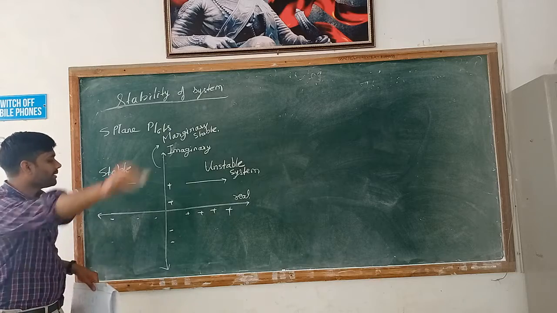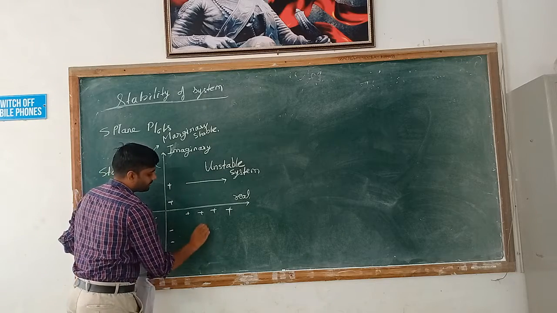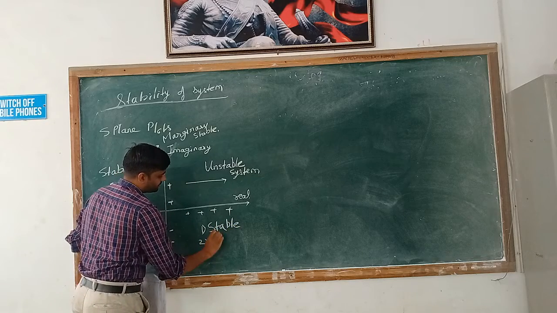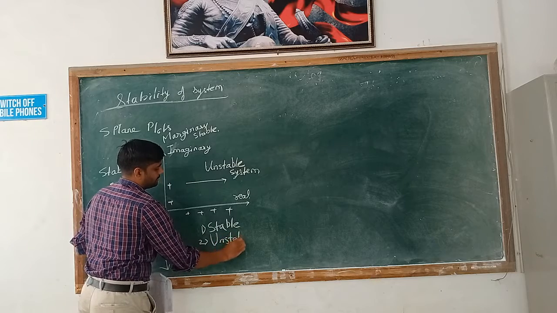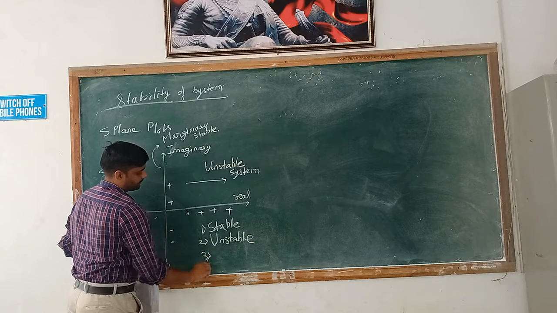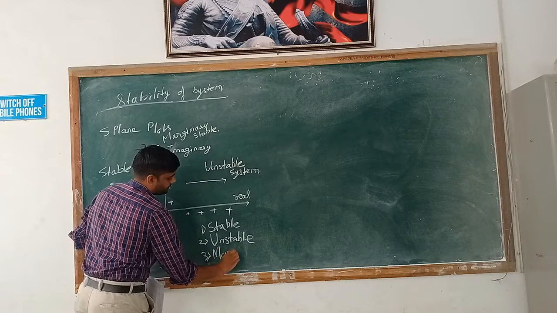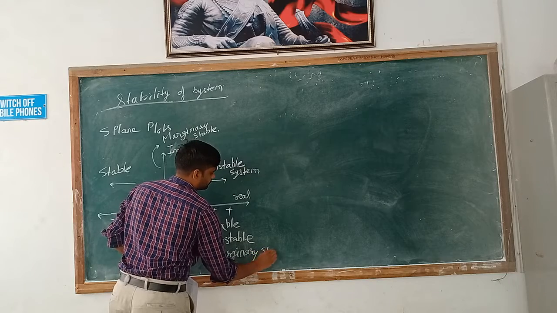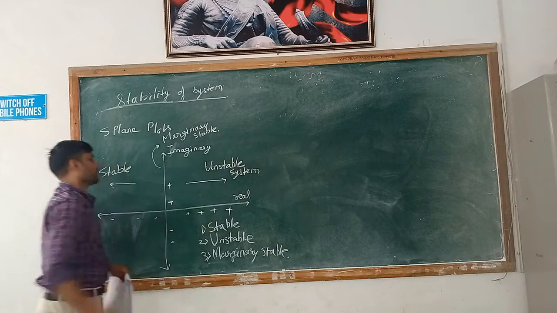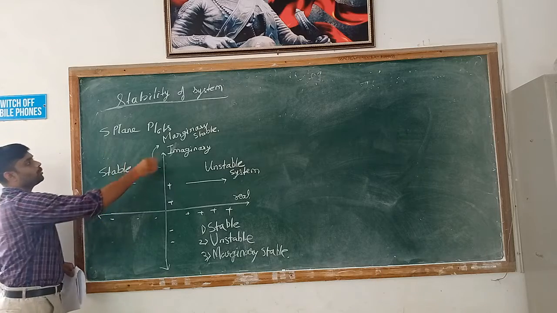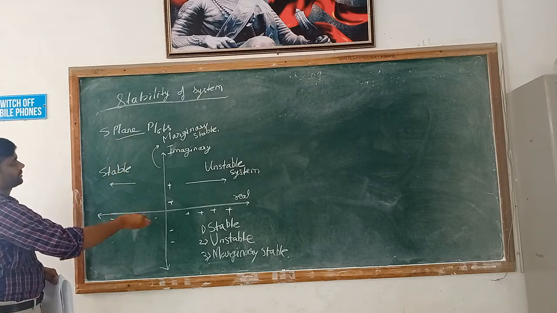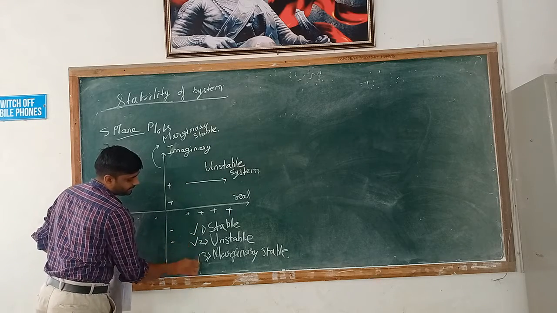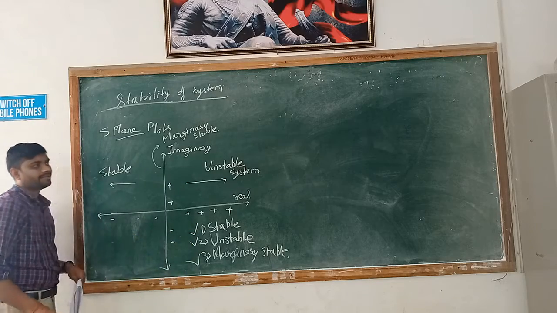So basically we have three types of system. First one is stable, another one is unstable, and the third one is marginally stable. Okay, so how do these values of poles come, and on the basis of this we need to comment whether the system is stable, unstable, or marginally stable.